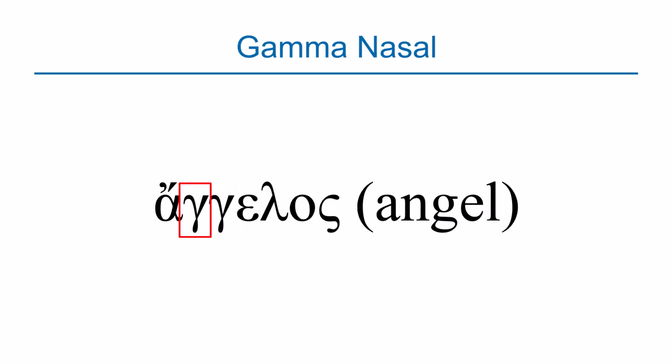So the first G is not going to be pronounced like a gamma, which is a G. It's going to be pronounced like an N. So in a situation where you have two gammas next to each other in a word, the way you pronounce that word changes. Instead of saying agelos, you are going to pronounce it as angelos. The first G turns into an N, and this is what we call gamma nasal.